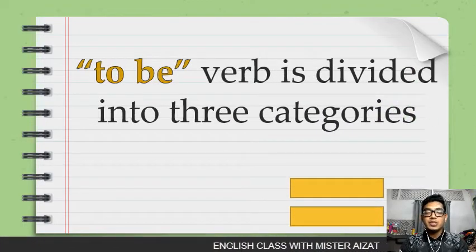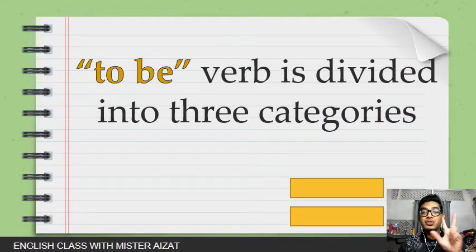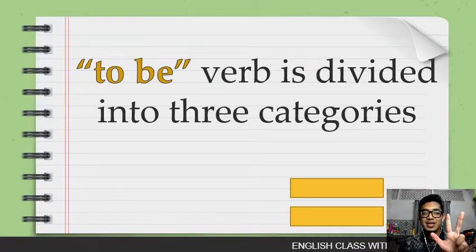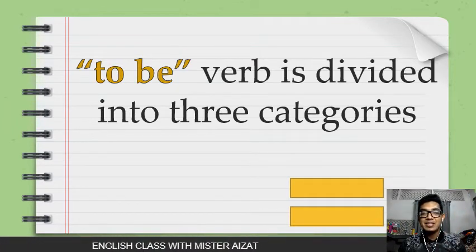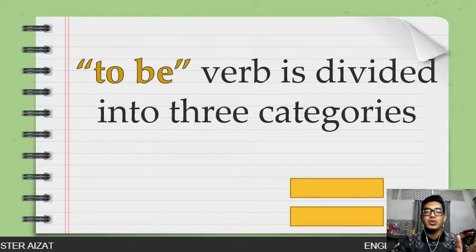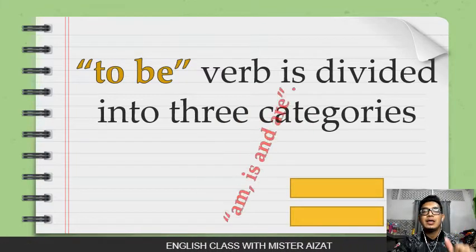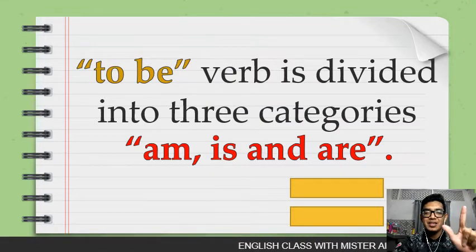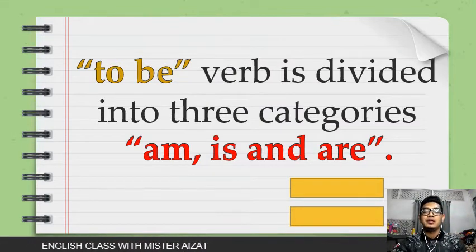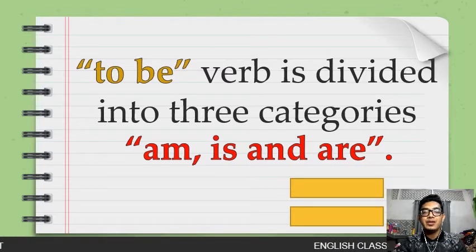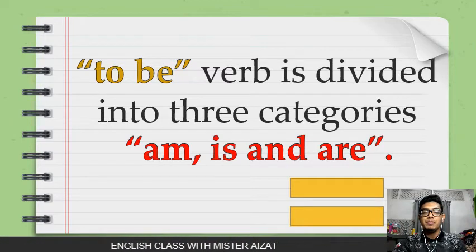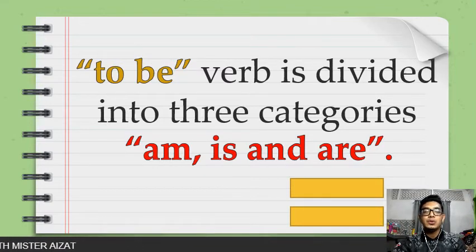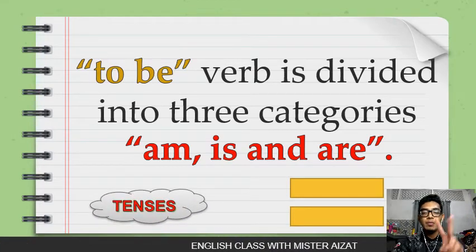To be verb is also divided into 3 categories. To be verb ni dibahagikan kepada 3 kategori, which are am, is and are. Those are the 3 categories under verb to be, and it also comes in 2 forms of tenses.